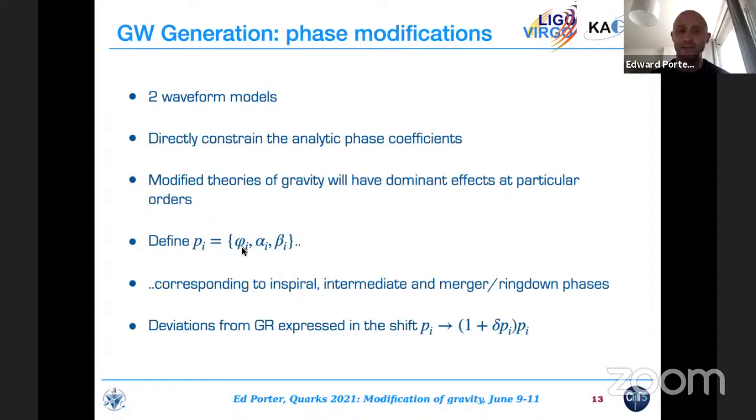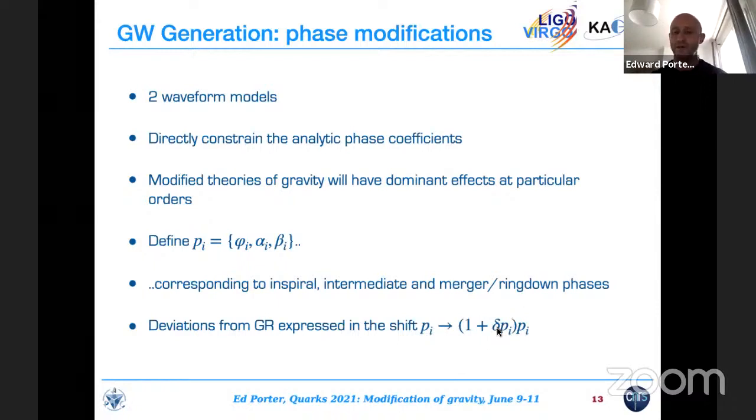Here we have the inspiral, the intermediate part, which is the merger and beginning of the ringdown, because we don't exactly know where the merger and ringdown begins and ends, and the pure post-inspiral part of the waveform. Then we can perturb these coefficients in this form here and treat this delta p_i as a free parameter.